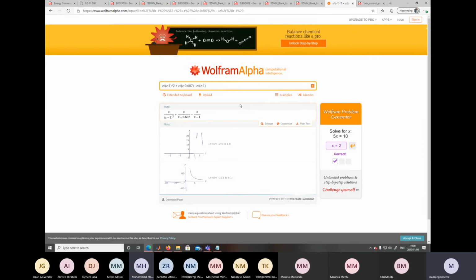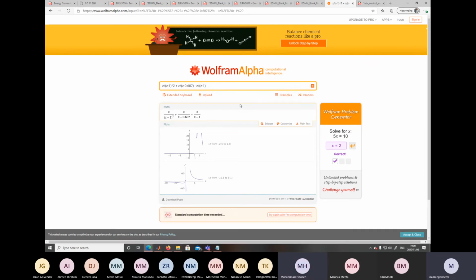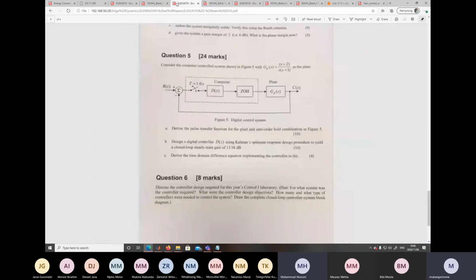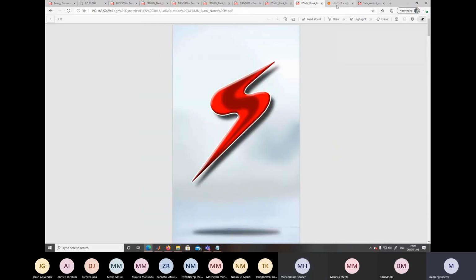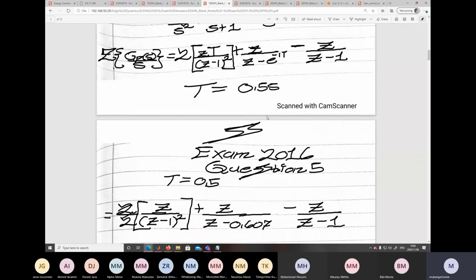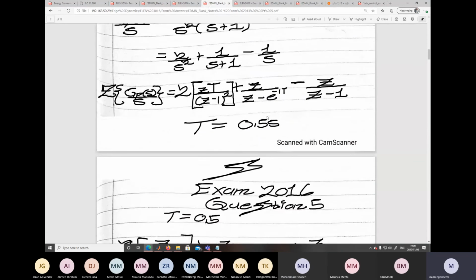It also said that T is equal to 1, not 0.5 in the diagram, if I'm not mistaken. It is in fact equal to 1. Okay, that's no beef.